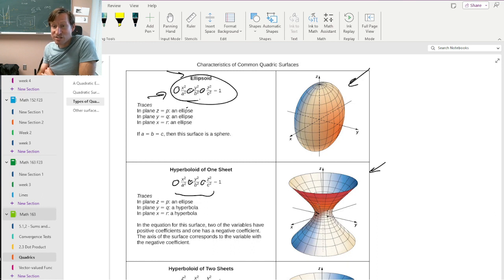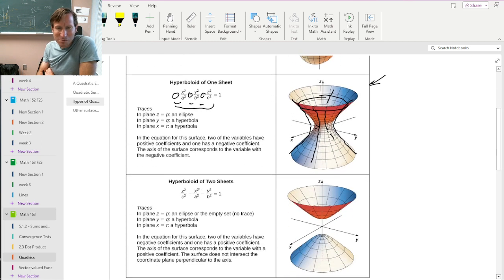The cross sections in one direction are ellipses, and in the other 2 directions, they're hyperbolas. So this direction is a hyperbola, and this direction is also hyperbolic cross sections. Okay. So here we had 2 terms with a plus and 1 term with a minus.